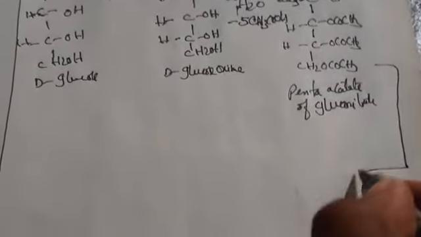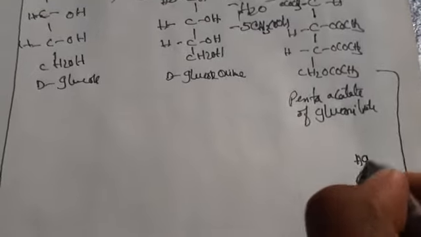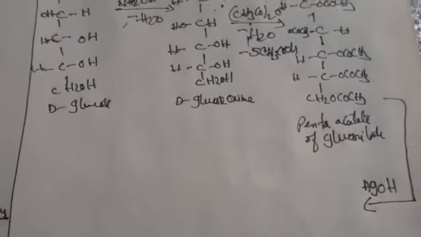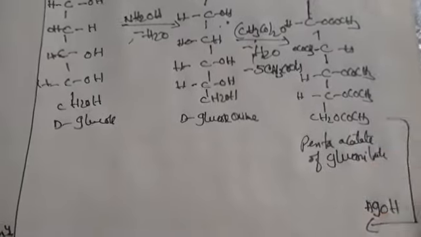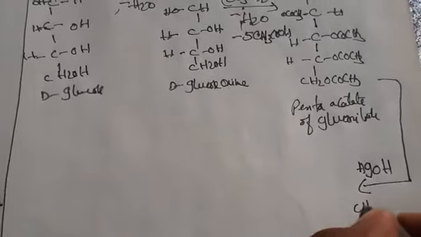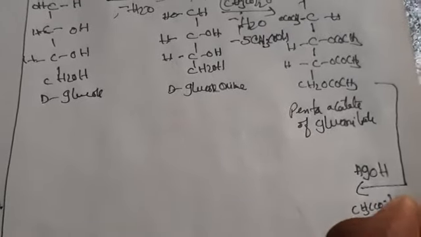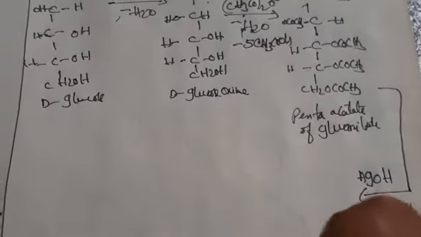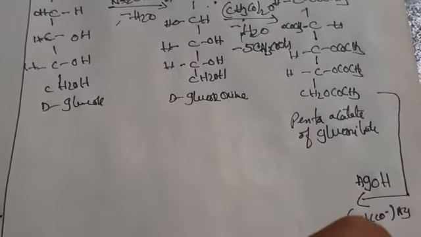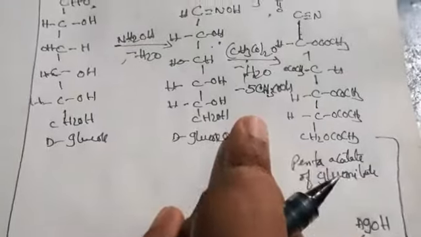Again we treat this molecule with silver hydroxide, AgOH. So it forms OH groups, and CH3COO-Ag, the silver salt of acetate, is formed, and OH will go and add here.